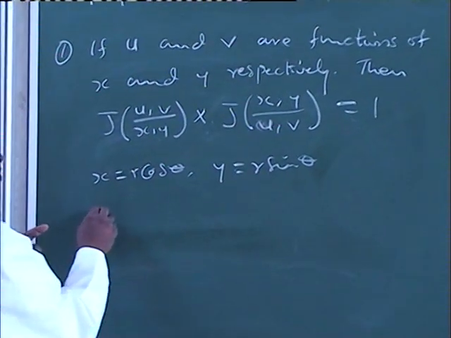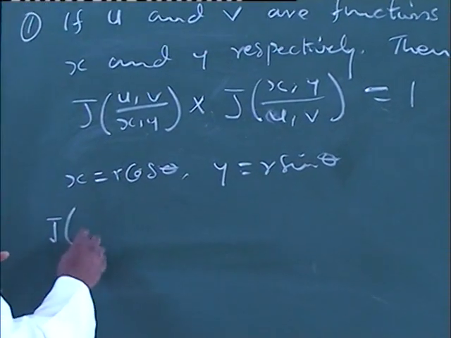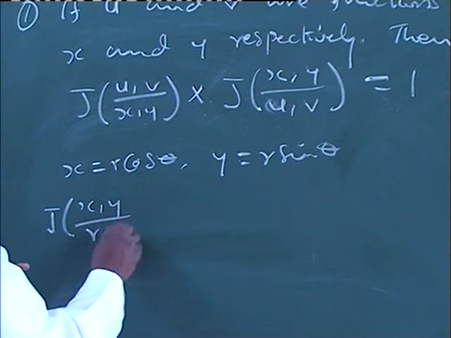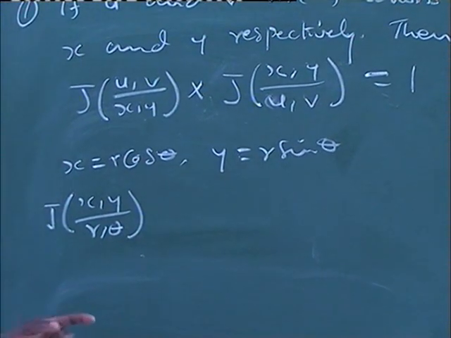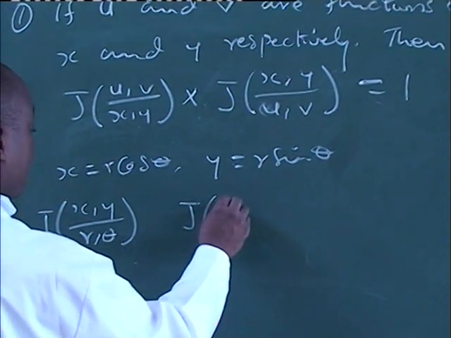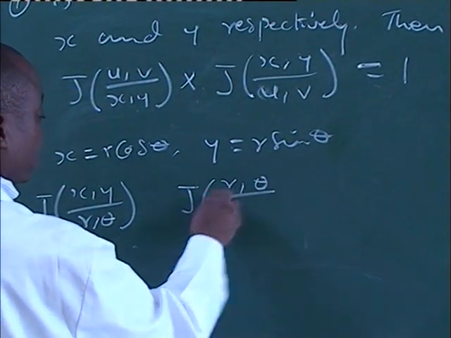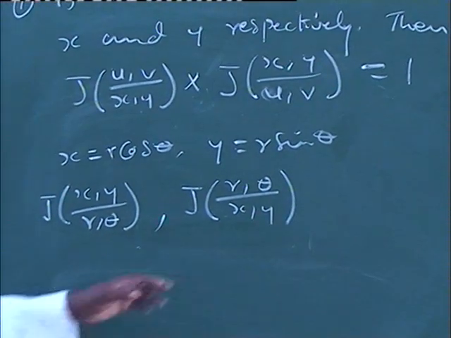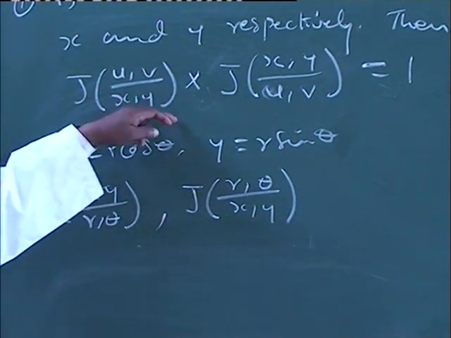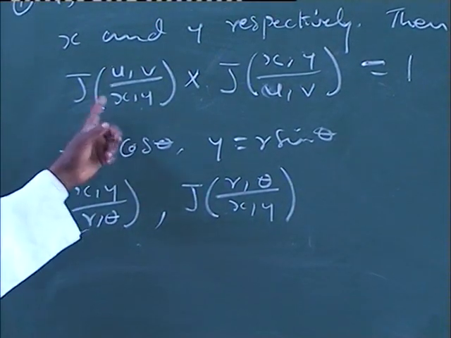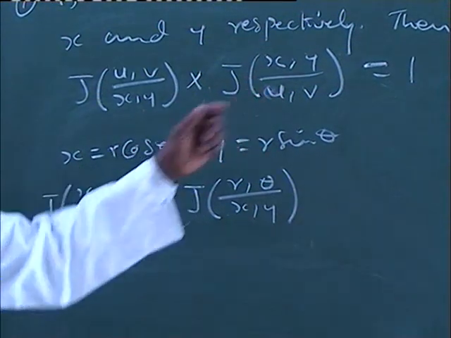We were asked to find the Jacobian of x, y with respect to r, theta, and also the Jacobian of r, theta with respect to x and y. So that is exactly what we said here. This Jacobian that you see here, if you times this with this, it will be equal to 1.